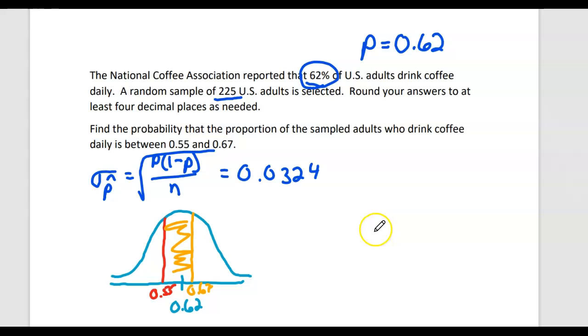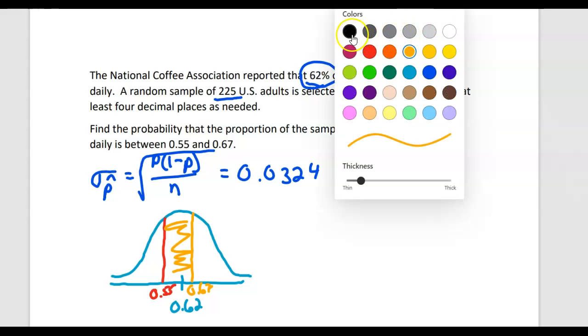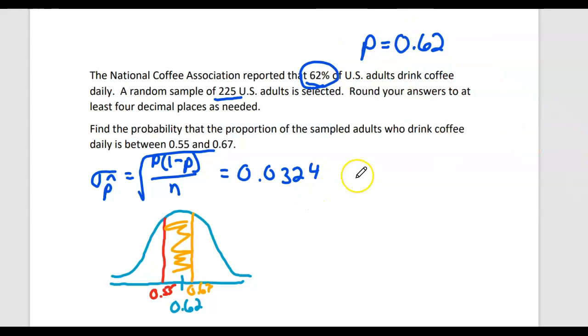So what we have to do is calculate the z-score for both of these values. And if you recall, the z-score is going to be our p hat minus our p divided by our sigma p hat. Okay? And so we have to do this for both of these values.